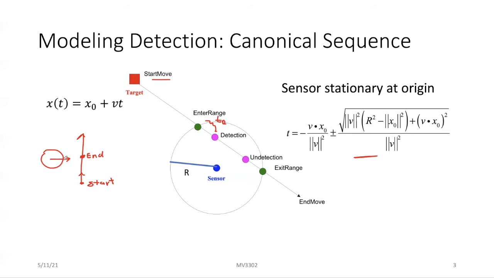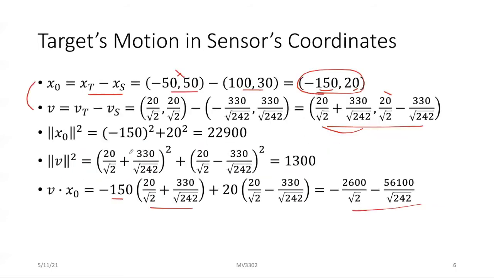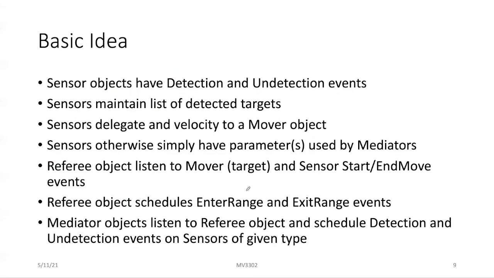And in that case, there will be a detection. So what that means is that the referee is going to have to listen to both start move and end move events for both the sensor and the target, and then schedule the enter and exit range events.